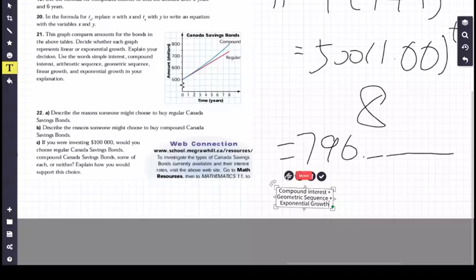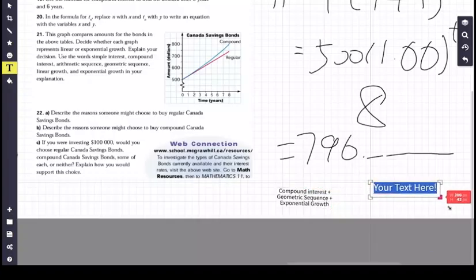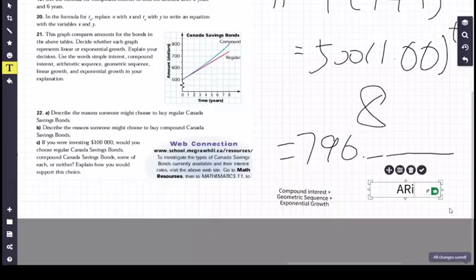That is the first thing that we have. And our second thing is simple interest plus arithmetic sequence plus linear growth. So we can see we can group them. These are the two groups.